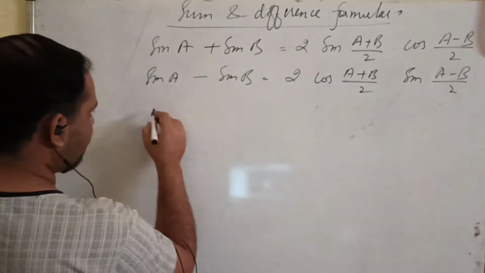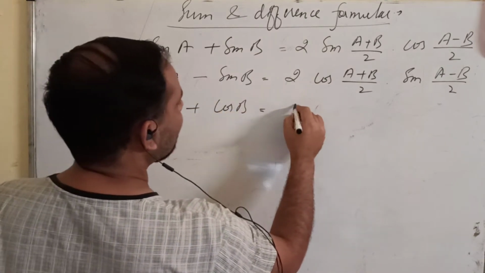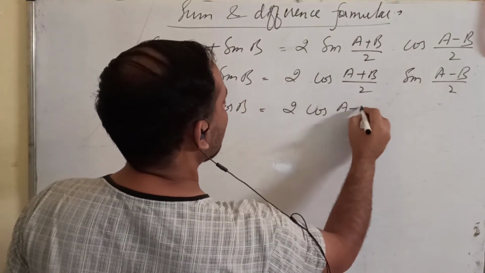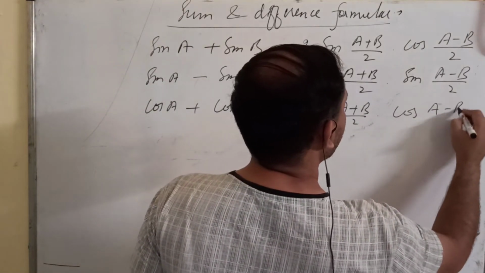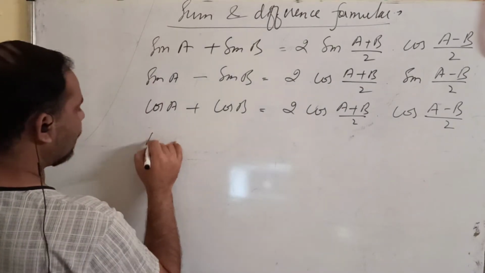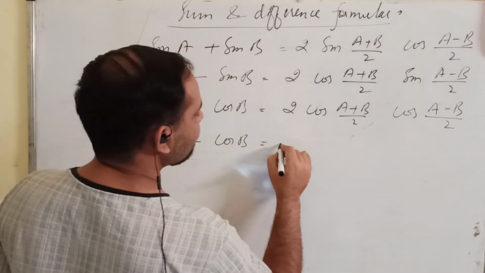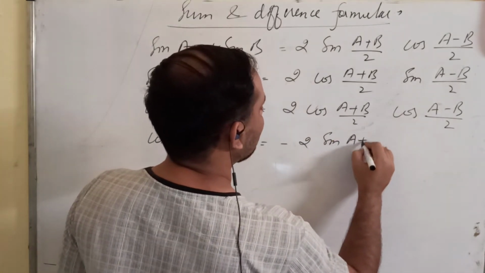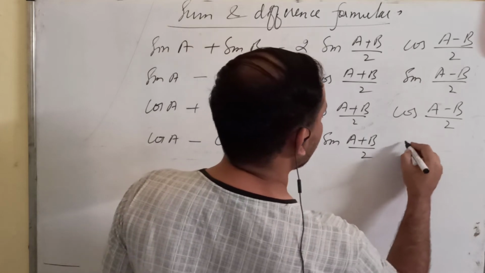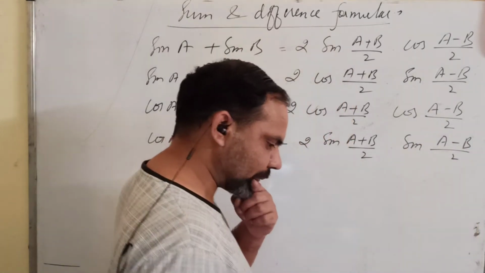Then cos A plus cos B is 2 times cos A plus B by 2 into cos A minus B by 2, and cos A minus cos B is minus 2 times sine A plus B by 2 into sine A minus B by 2.